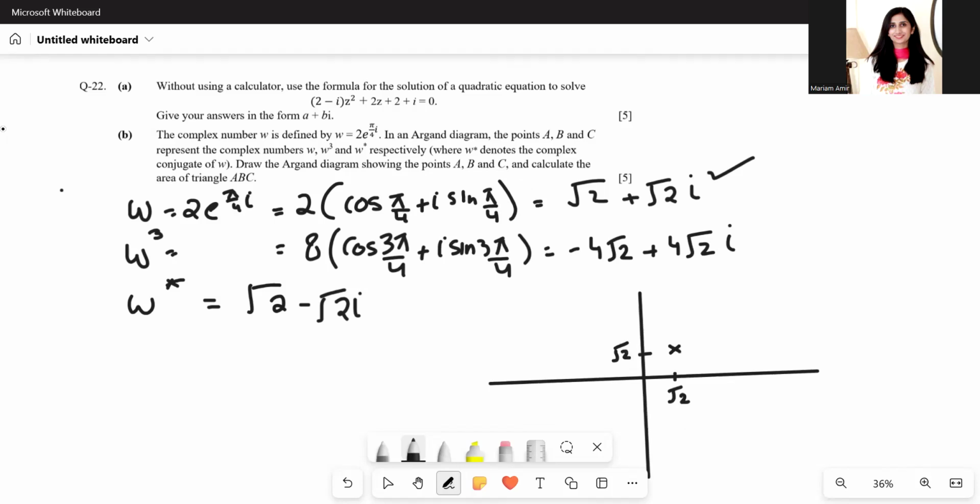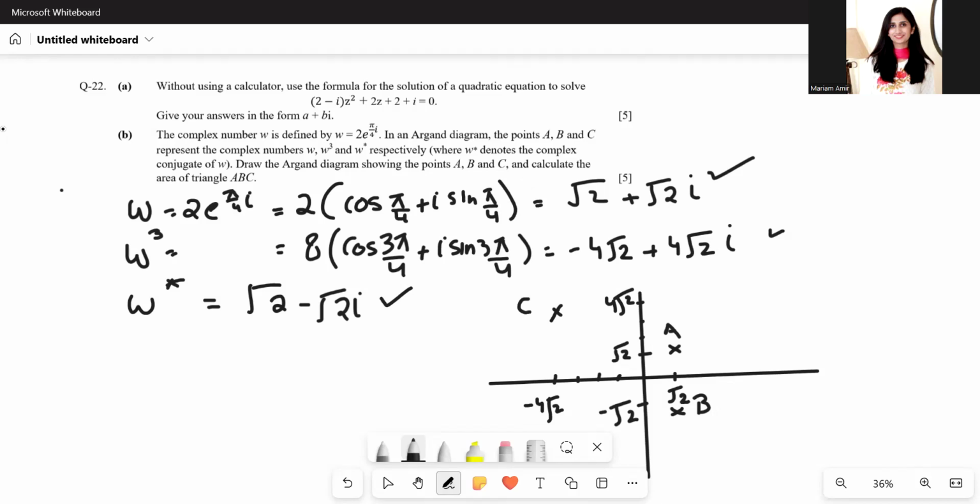So this is A. Then we have to plot the complex conjugate, so that's going to be somewhere over here: root 2, comma, minus root 2. And then we have to plot W cubed, which is negative 4 root 2. So 1, 2, 3, 4. We'll have negative 4 root 2 here, and 4 root 2, 1, 2, 3, 4. This would be 4 root 2. So this is where C is.